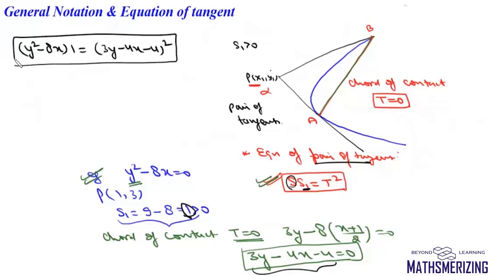And that is the equation of the pair of tangents drawn from this point (1, 3) to this parabola, y square minus 8x equals 0. So this is the general notation and the simplest way to write the equation of a tangent when a point lies on the curve. Now let us take some questions.